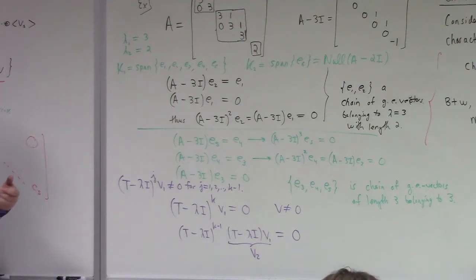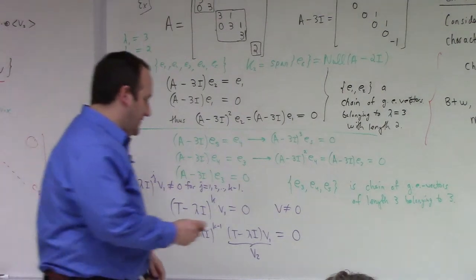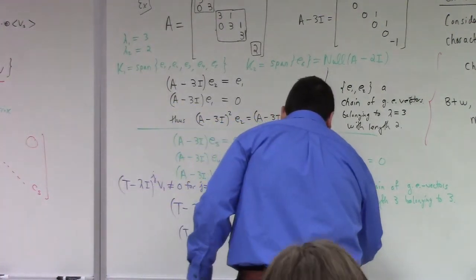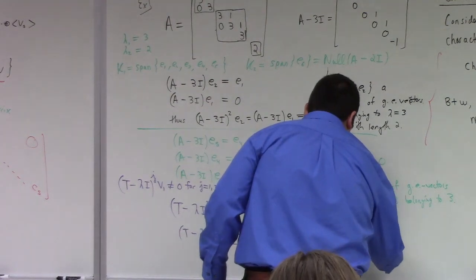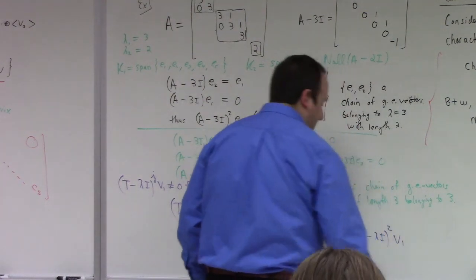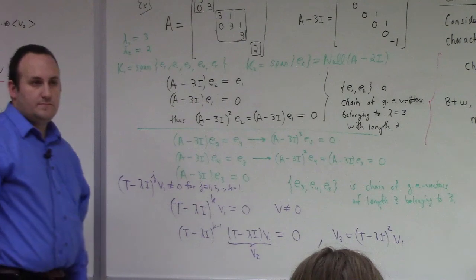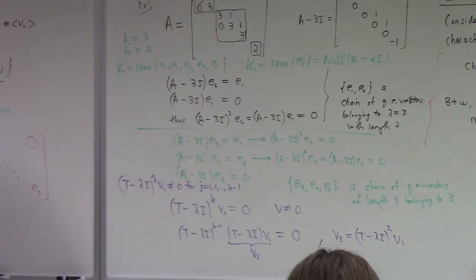What would be v3? (T minus lambda I) squared times v1, right? And you can just keep doing this. Basically, once you have the largest non-trivial generalized eigenvector, you just operate down, and you'll get a chain of length k from that.